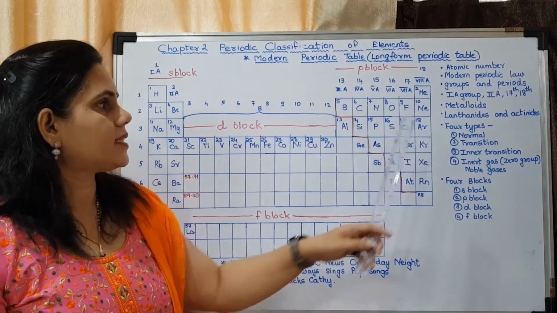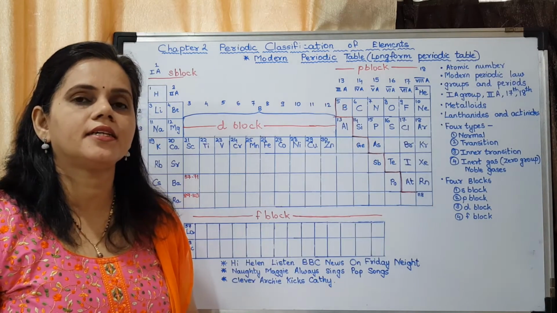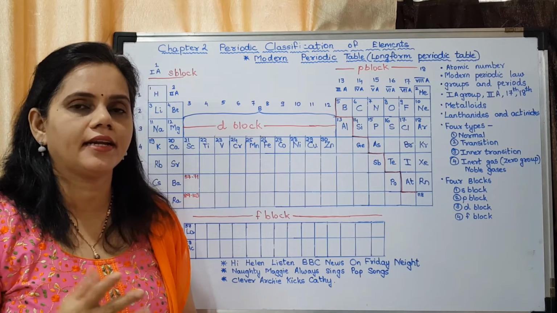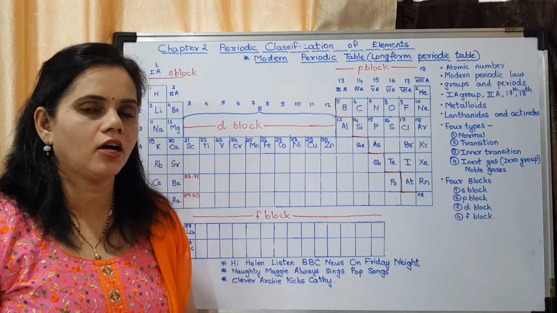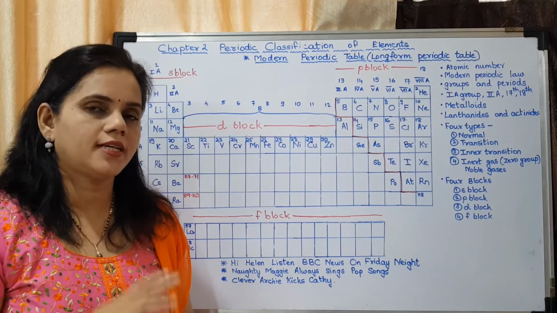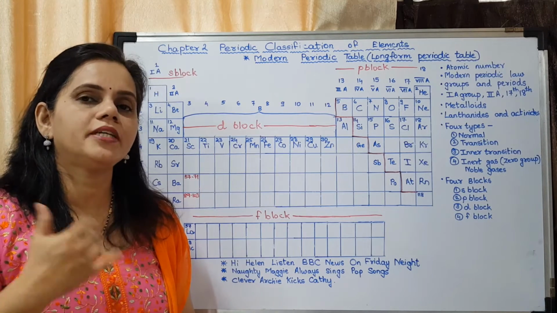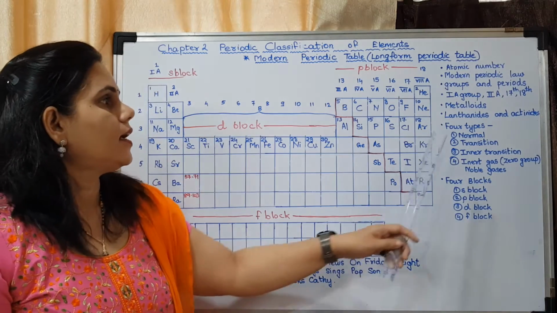Next, metalloids. There is a zigzag line which separates the modern periodic table into two parts, left side and right side. The elements near that zigzag line are called metalloids. The elements towards the left of metalloids are metals, and the elements towards the right of metalloids are non-metals.